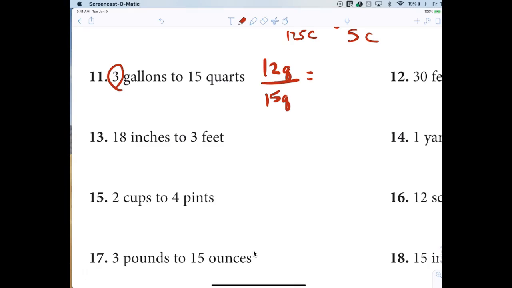Divided by 3, yes. Thank you. Now we can cross out the quarts. Yes, sir. You're wanting it to be something different than mine, right? I'm not understanding your question. I asked you how many quarts are in 3 gallons.